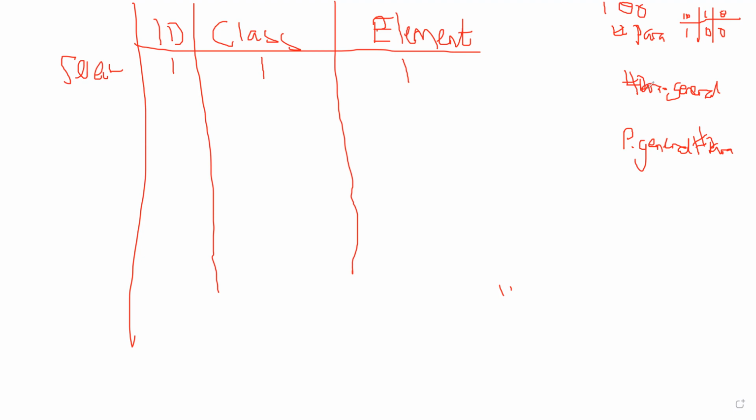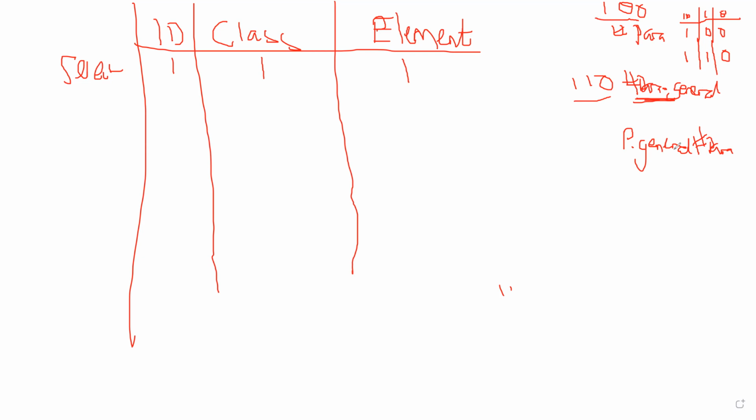But if you look at this one, it has an ID of 1, a class of 1, but an element of 0. So this one has a value of 110. Between this one and this one, which is greater? It is this one. 110 is greater than 100, and that is the reason why this one will overrule whatever style you have here.